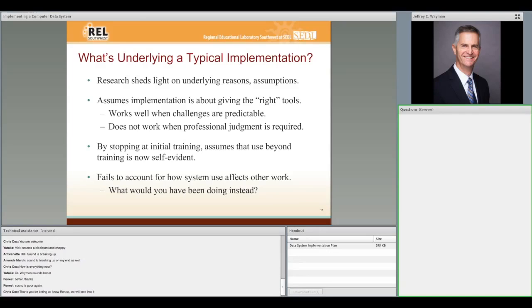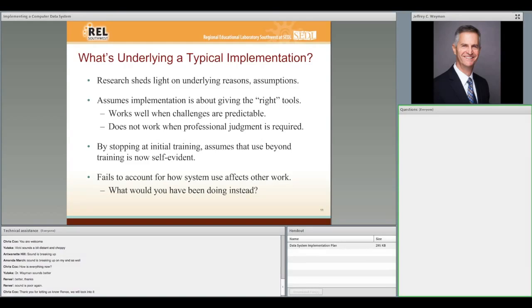A lot of this is work that Vincent Cho did in his dissertation and in a couple of articles that Vin and I have published on it, and in fact an AERA paper coming up. We've looked not just in the field of data use, but also in ed tech, in systems research, in knowledge management, and there are some assumptions and underlying themes to this typical implementation that I want to talk to you a little bit about.